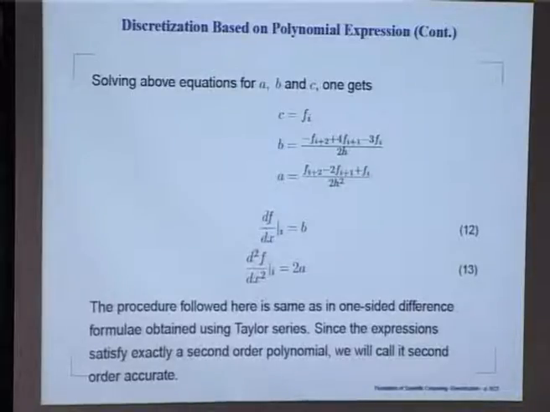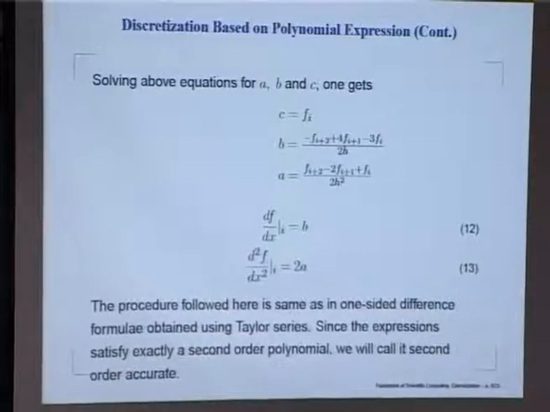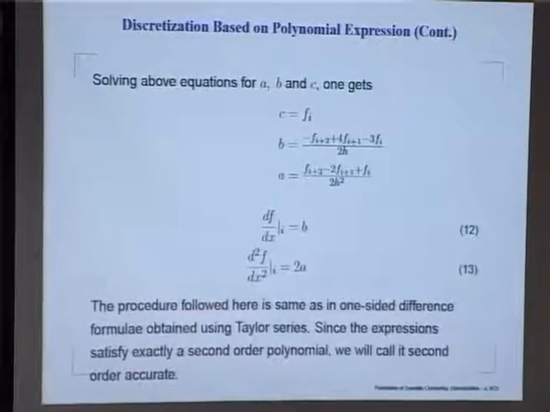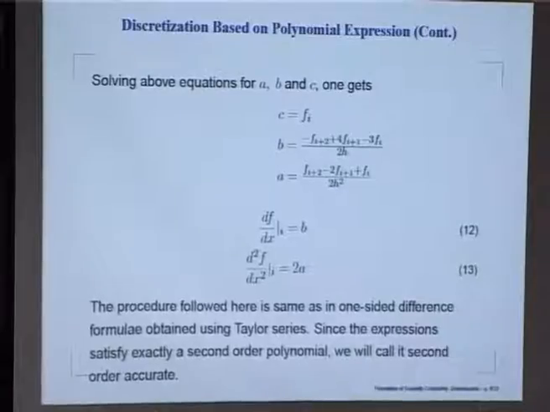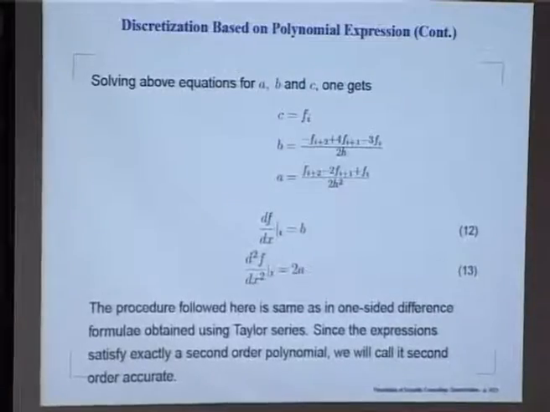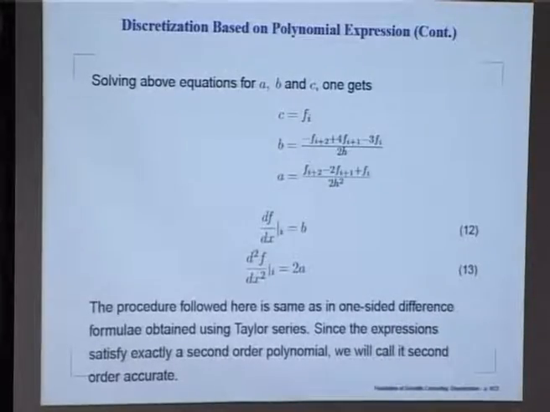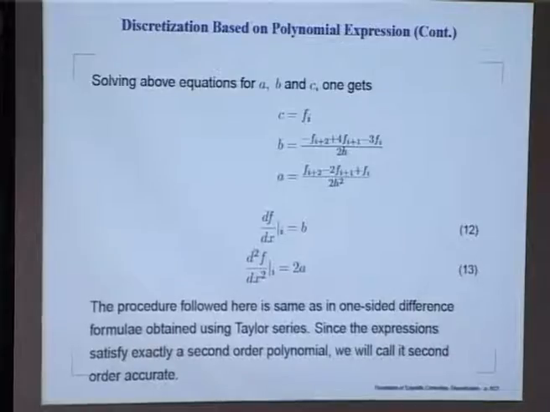Now, it is very easy for you to understand that if you are trying to find the derivative at x equal to 0, we have written a x square plus b x plus c, right. So, the first derivative would be simply b, because we are evaluating at x equal to 0. The second derivative at x equal to 0 will be 2a. So, we can actually make use of this.